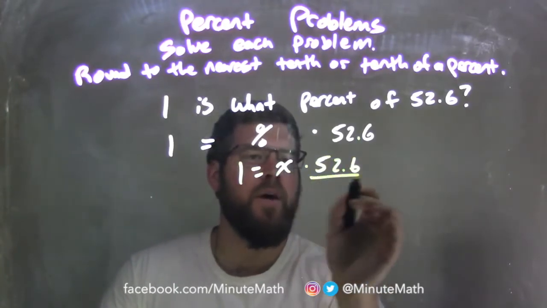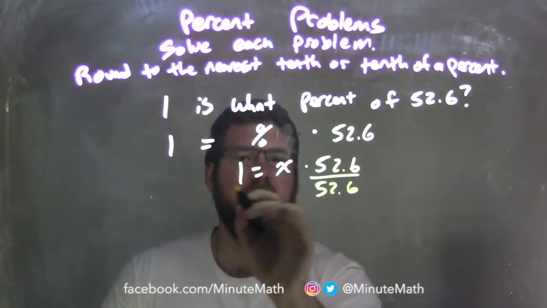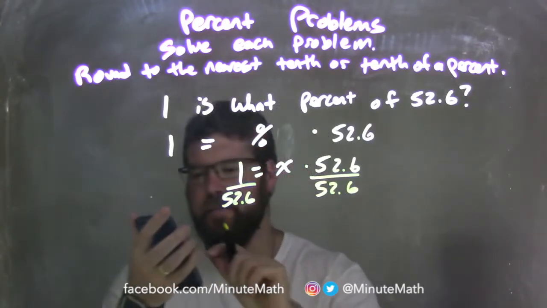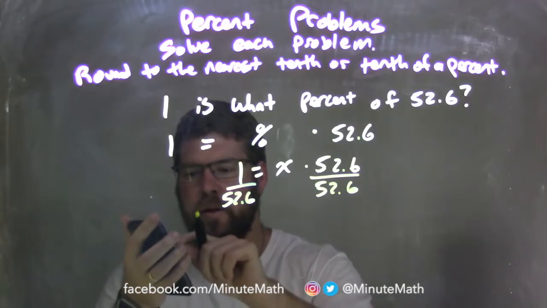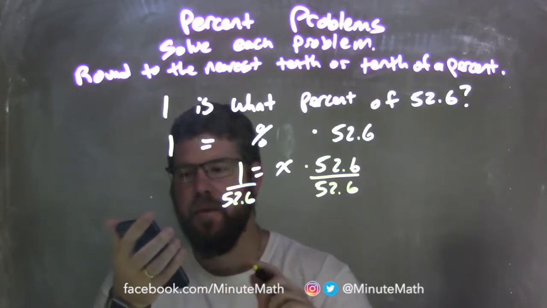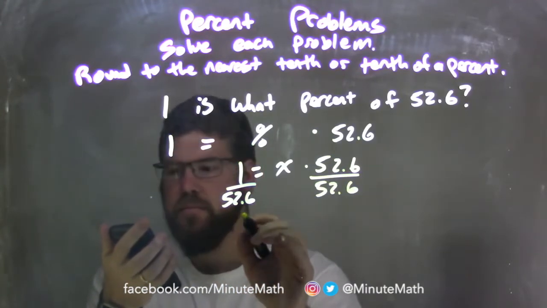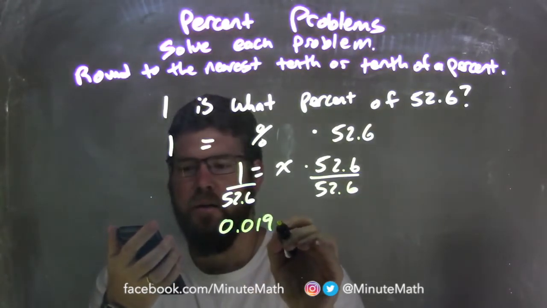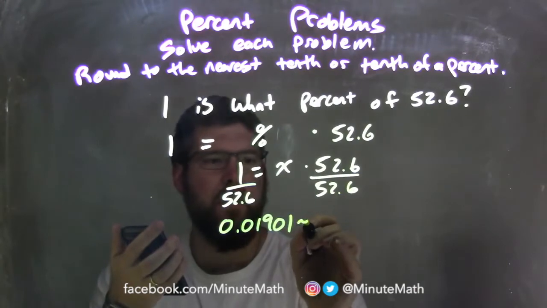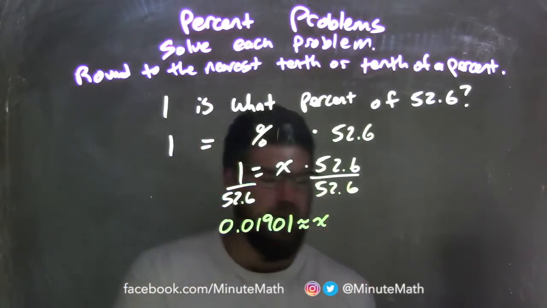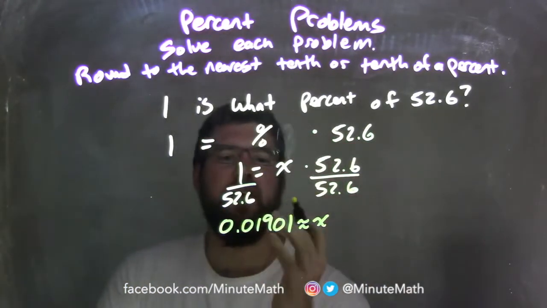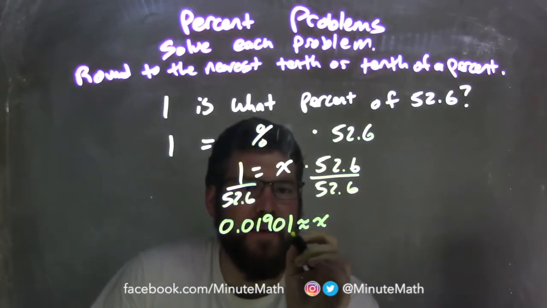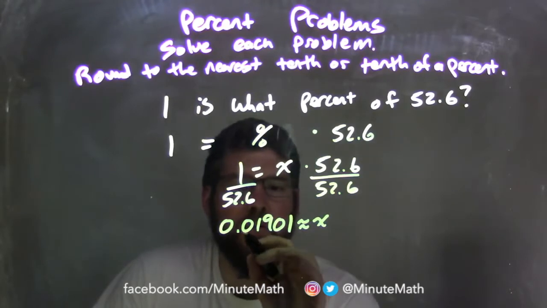So to solve that, I'm going to divide by 52.6 to both sides. Leaving me, use my calculator here, 1 divided by 52.6. We're left with a decimal of 0.01901, approximately equal to x. Let's convert to a percent first.